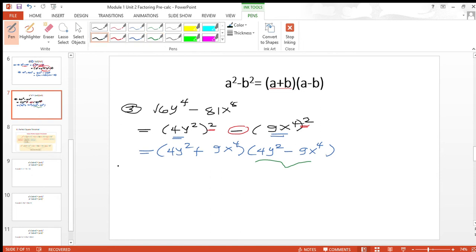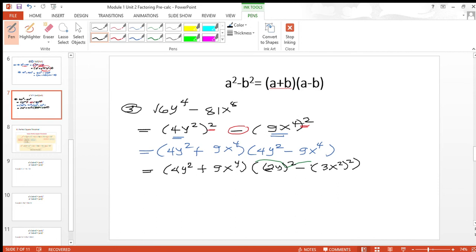Why? Let's show it. If we will rewrite the second expression, so let me just copy the first one. We have 4y squared plus 9x to the fourth. 4y squared is the same as 2y, the quantity squared, minus 9x to the fourth is the same as 3x squared, the quantity squared.